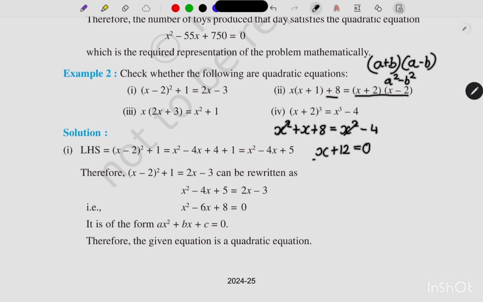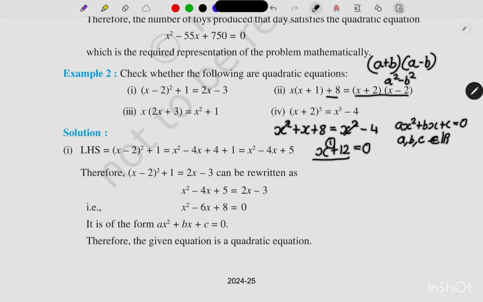Is the power of this 2? It's not, it's 1. Highest power here is 1. And it is not in the format of ax square plus bx plus c equal to 0, where a, b, c are real. So I am going to represent it like this.